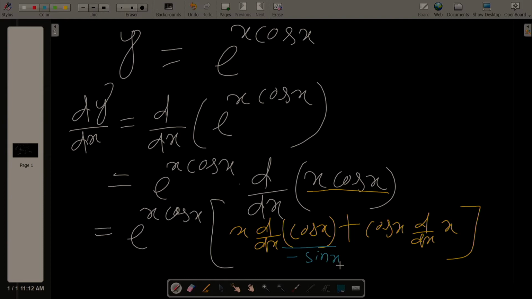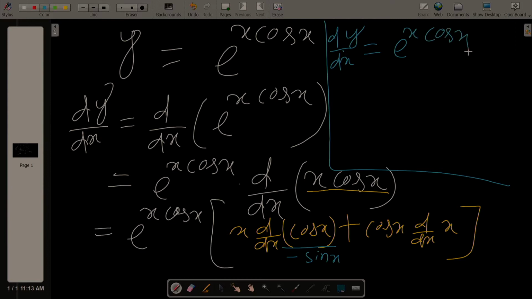So, I can write here dy by dx which is equal to e raised to the power x cos x into, I can write, x cos x's derivative: minus x sin x plus cos x.